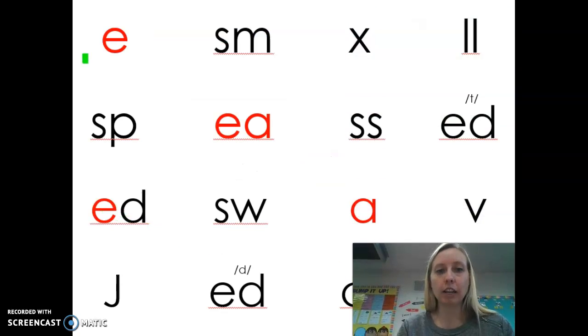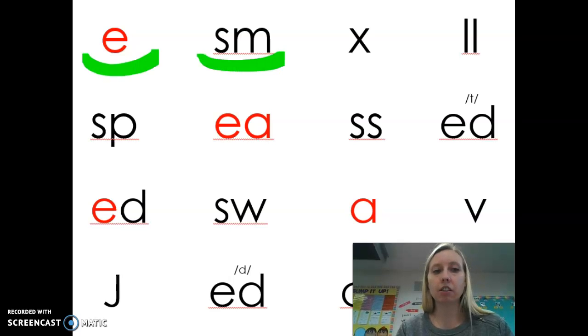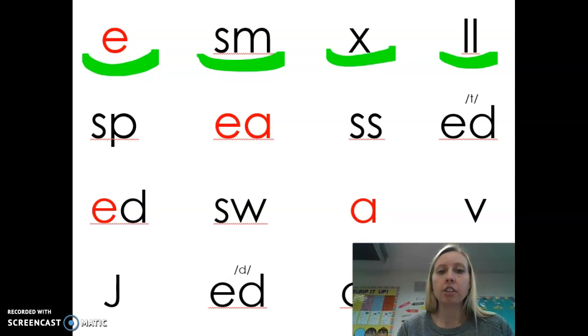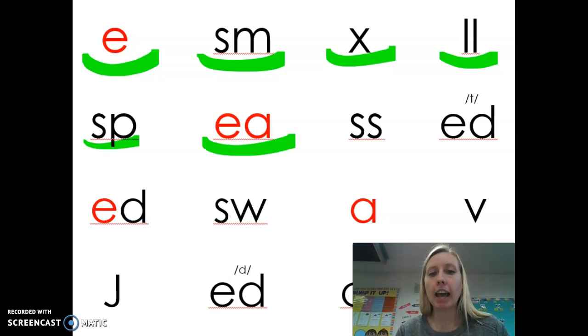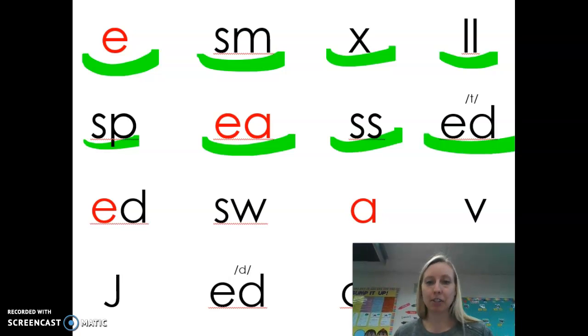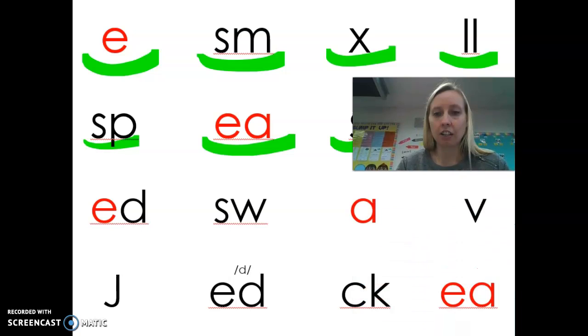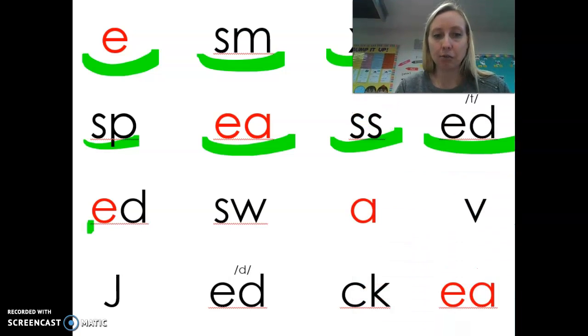Okay, let's read some of these sounds. 3, 2, 1. Now remember that ED can say t, d, or ed. 3, 2, 1.